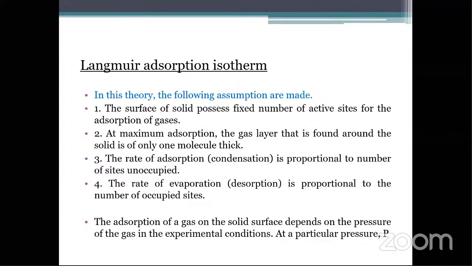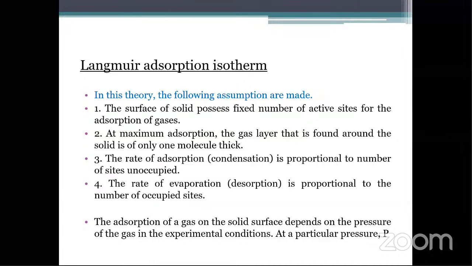Next assumption, the rate of adsorption, also known as condensation, is proportional to the number of sites unoccupied. Many people write it wrongly, they write number of sites occupied. So you have to remember that the rate of adsorption, that means condensation, is proportional to the number of sites unoccupied. And the fourth assumption is the rate of evaporation, that means desorption, is proportional to the number of sites occupied.